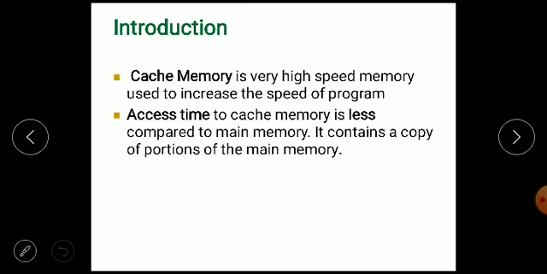Normally in the computer system, the main memory is composed of dynamic RAM cells. A programmer wants the system to be very fast, flexible, and responsive.